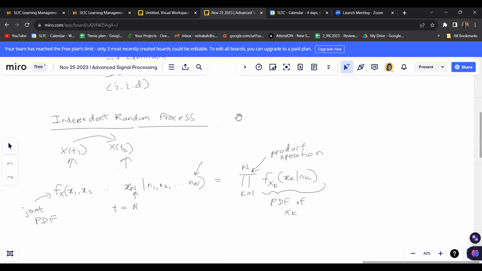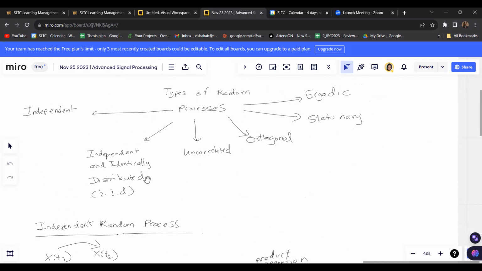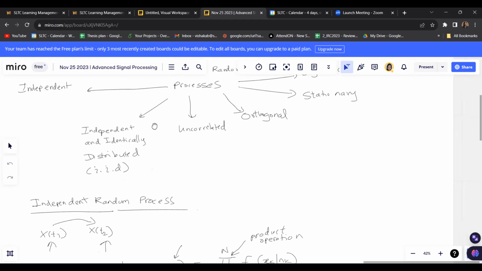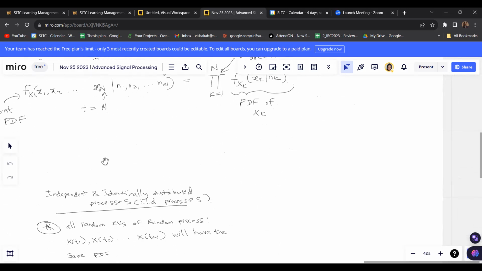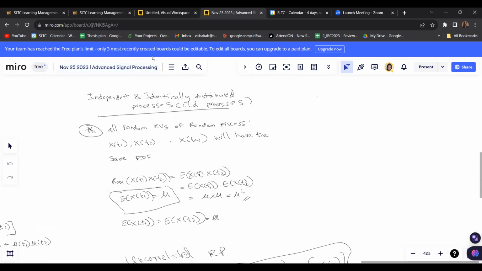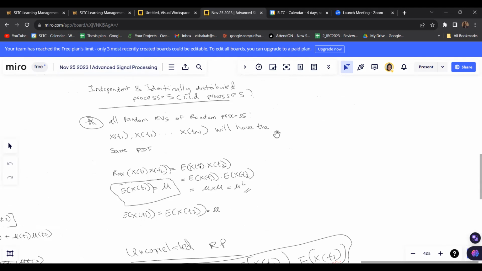Secondly, we discussed independent and identically distributed random processes, known as IID. IID random processes are frequently used in random signal processing. The main feature of an IID process is that all the random variables of the random process have the same PDF.